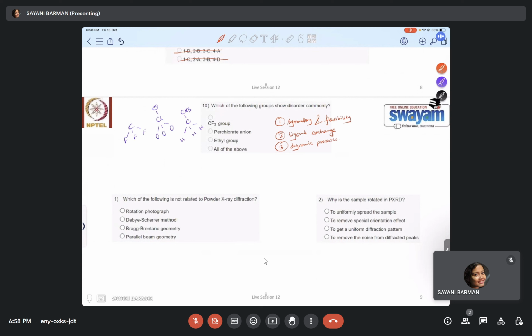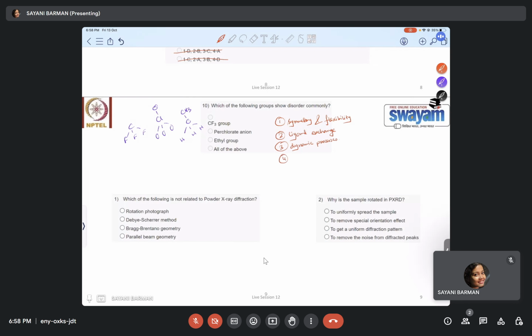The tetrahedral arrangement may allow for dynamic processes such as ligand rotation or vibration, which can contribute to the disorder in the arrangement of ligands around the central atom.